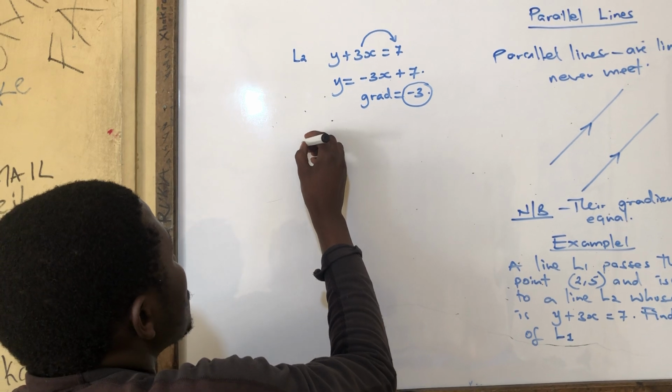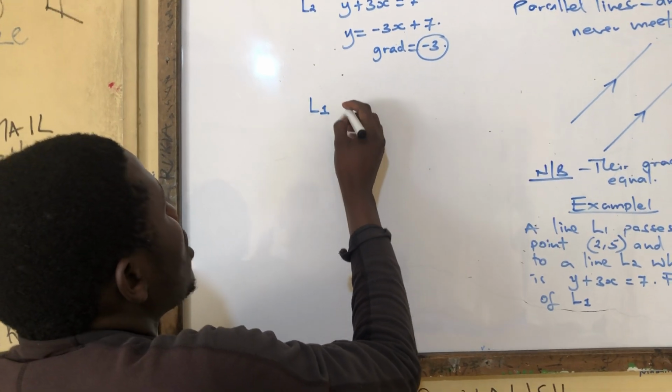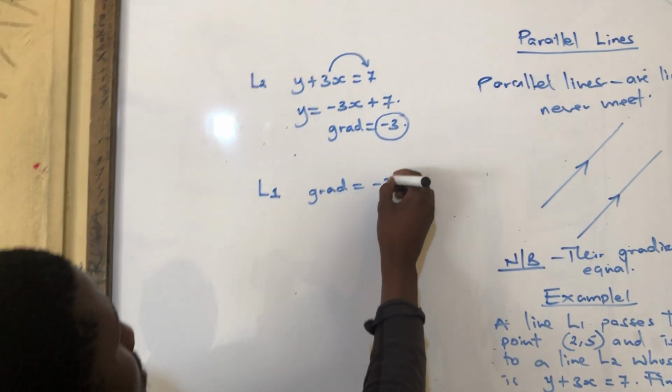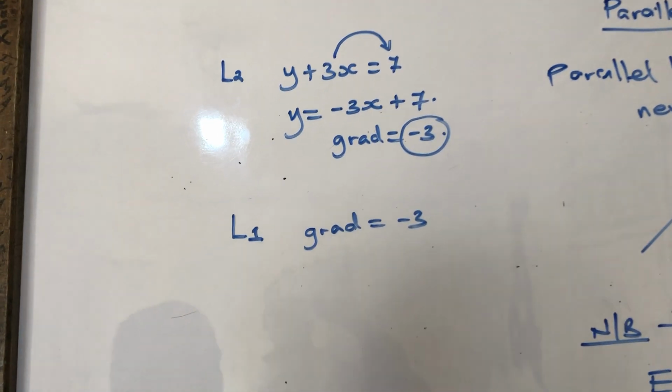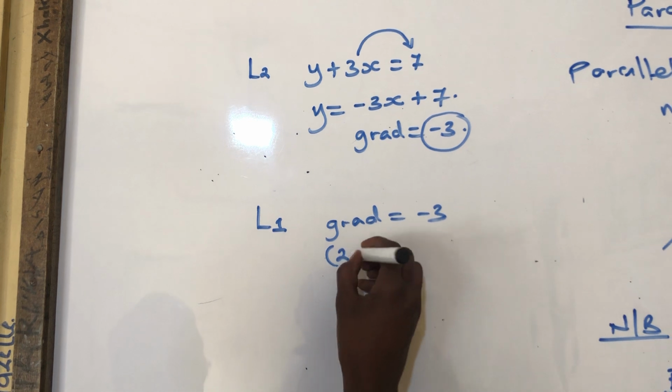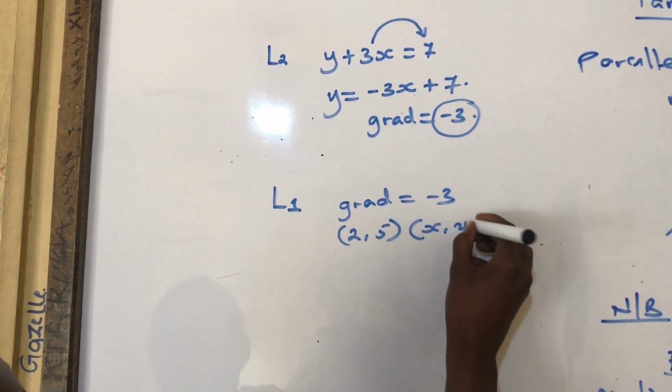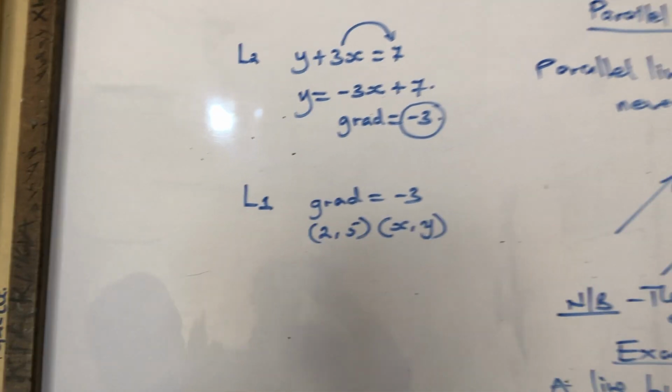So in finding the equation of line L1, we already have the gradient as negative 3. We will then pick the point (2, 5), accompanied by a pair of variables (x, y).